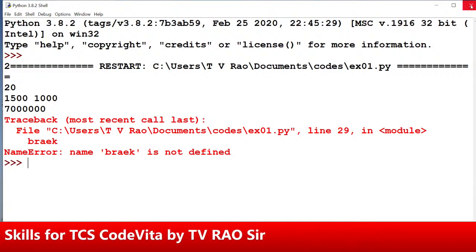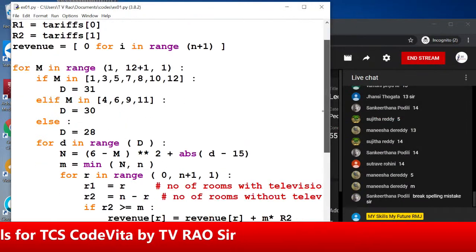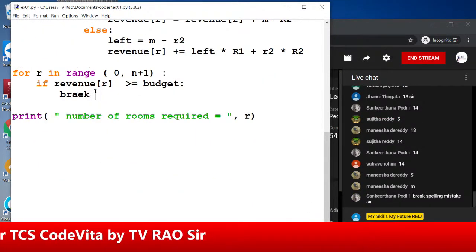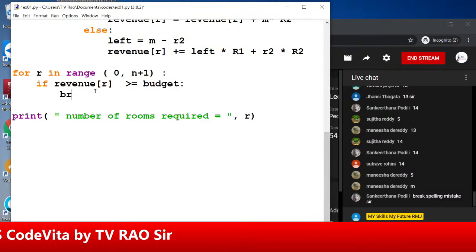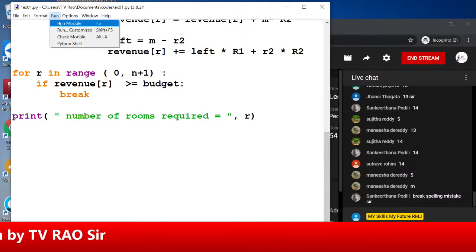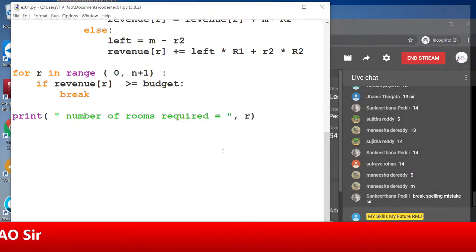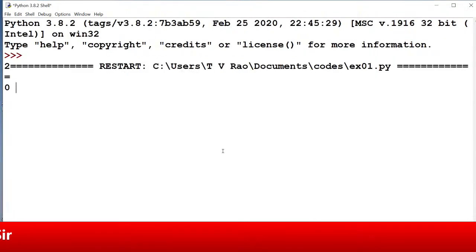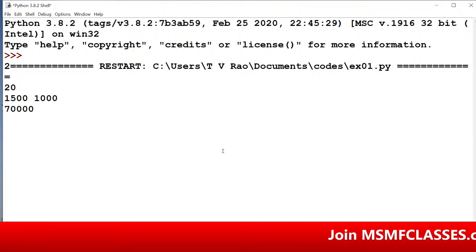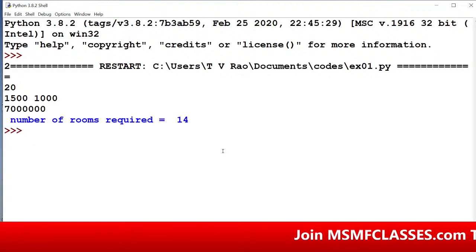Again, break spelling is wrong. Three, 7,000, 70,000, 7 lakhs.